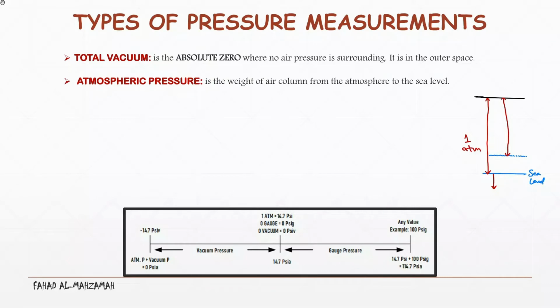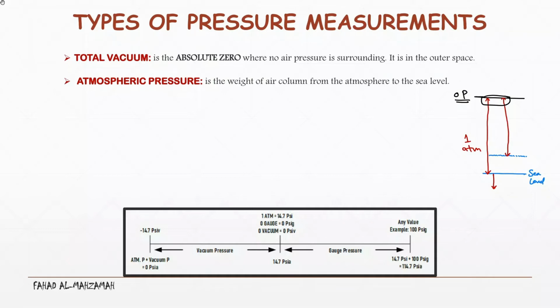On the top we have zero pressure, which is the total vacuum. So the reference of our atmospheric pressure is the total vacuum. So the zero of the atmospheric pressure is the total vacuum. When I say the reference of something, it means it's a starting point, or it's zero. So at this reference, the value is zero.